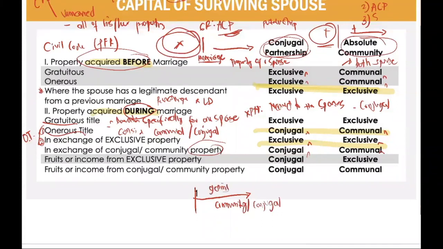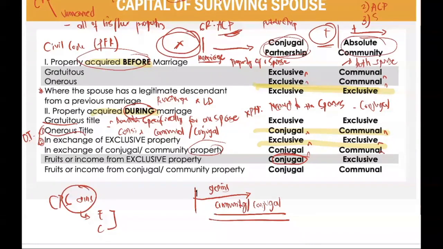Therefore, any gains should also be included as part of community. Okay? Kaya nga ang tawag dyan is conjugal partnership of gains or CPG. Because the gain, whether it comes from exclusive or community property, is considered a community or conjugal property.